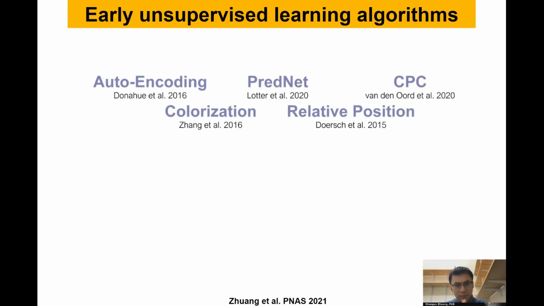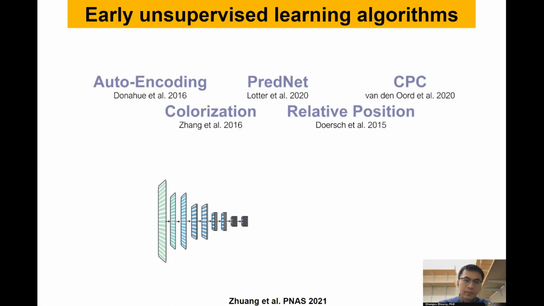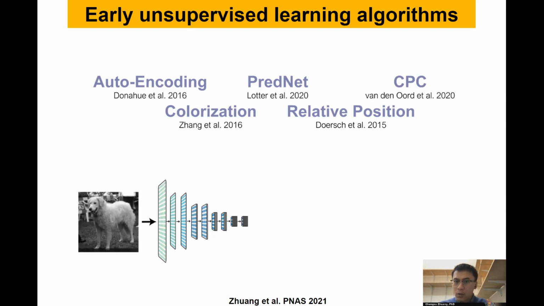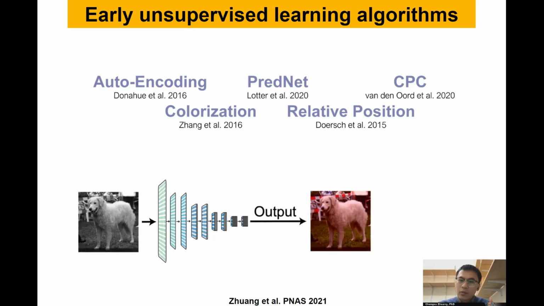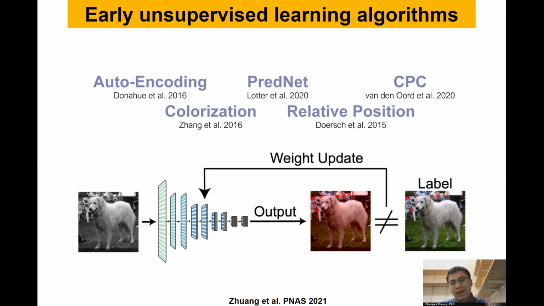So just to be specific, these 5 algorithms are the algorithms that I have tested, all published in top journals or conferences. Let me give you a concrete example on what the algorithms actually will do. For example, this is an algorithm called colorization. The way this algorithm works is that it will have the grayscale image input to the network, and the network is trying to predict the per pixel color information, and then compare this output to the ground truth label, and then using this difference to update their weights.